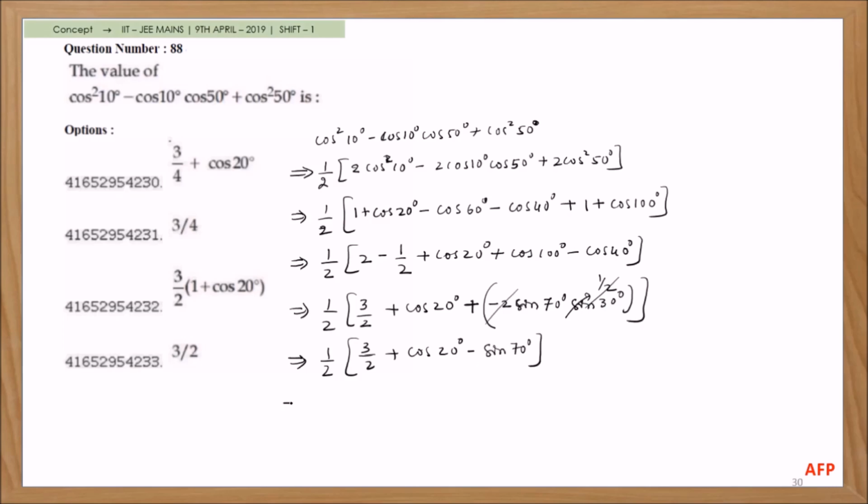So this implies 1 by 2 into 3 by 2 plus cos 20 degrees, and sin 70 you can write as cos of (90 minus 20), that is cos 20 degrees. So these two will get cancelled, and the answer you get is 3 by 4. Option 2 it follows.